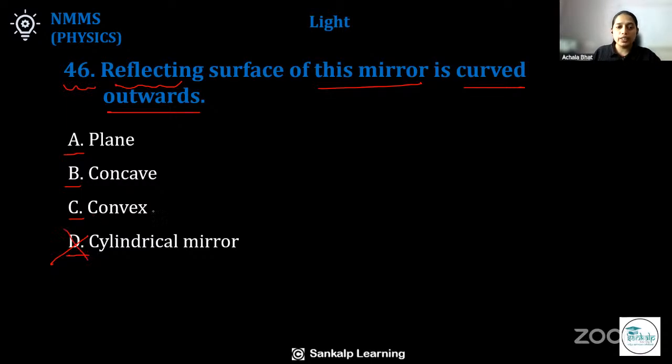Okay, C. Convex mirror. Yes, a convex mirror has the bulge part as the reflecting part. So this mirror is curved outwards. Correct? Option C is correct.